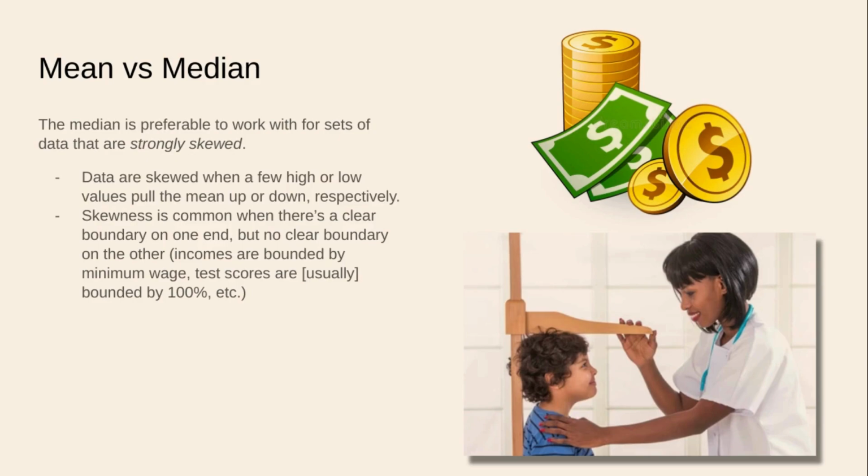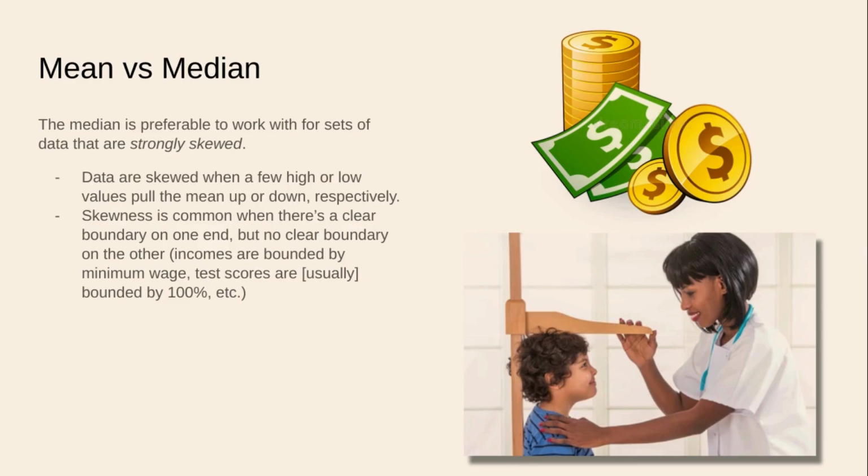In theory, you could get a score above 100 perhaps, right? Incomes are bounded by minimum wage, for example. So there is a clear left endpoint, but no clear right endpoint for wage. And that is why income is one of the go-to examples, in fact, of a right skew distribution.